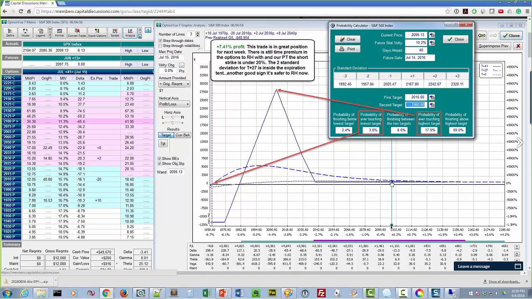Yeah, I don't know what you're going to do in your own personal account, but what I'm going to do is maybe get in one more round of reverse Harvey, and then maybe take off one half of it at some point, and just let the other half sit there in case we get a pullback.